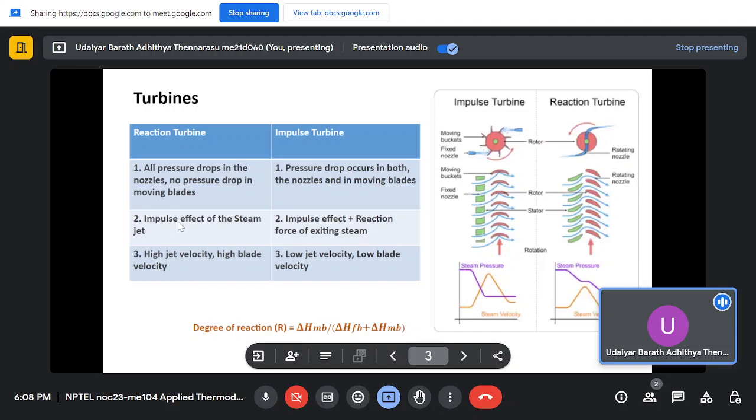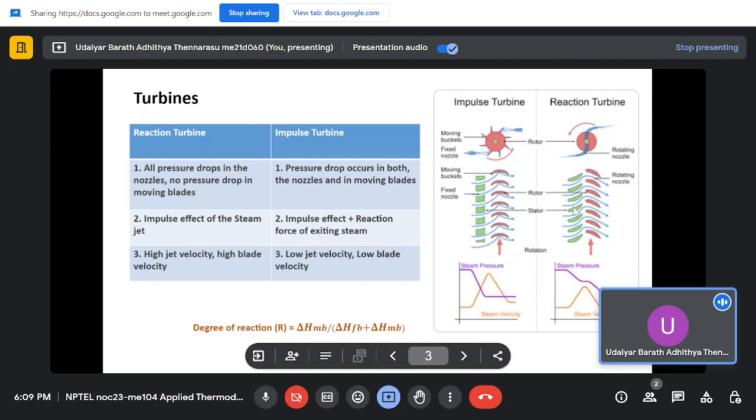And in the impulse turbine, it's the impulse effect of the steam jet, but in the case of a reaction turbine, it's the impulse effect plus the reaction force of exiting steam, both have effect. Because here there is no pressure drop, here there is a pressure drop, so there will be a pressure difference which will cause a reaction force.